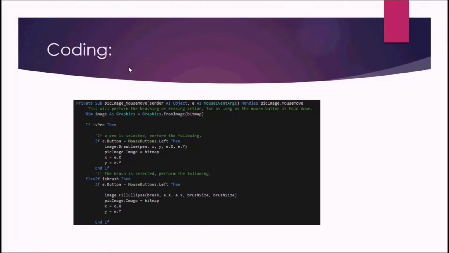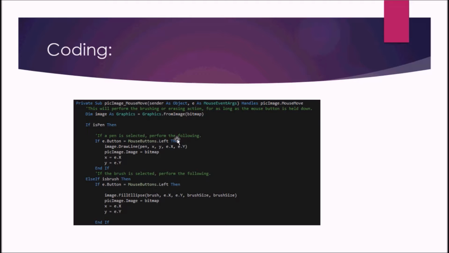Okay, and there are also a few things that I'd like to talk to you about specifically on certain parts with the coding. Okay, this is a little excerpt from the code that deals with changing the color of the pixels based on whether you click the mouse down and move it.